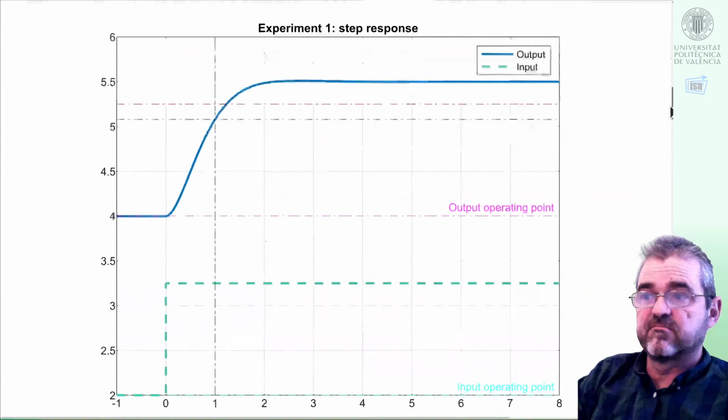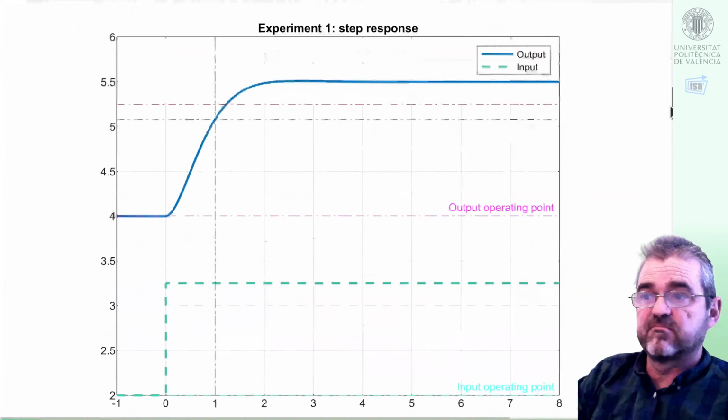If I simulate that step, indeed we reach 5.25 in the required time. So the only remaining thing would be decreasing the power so that this is the equilibrium value.